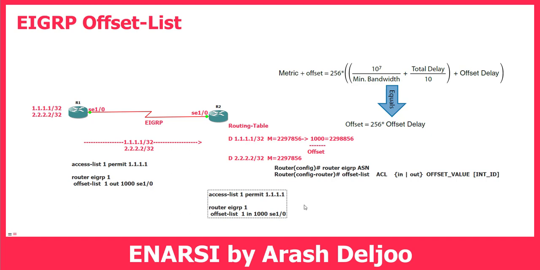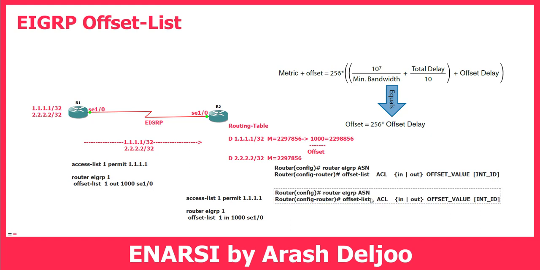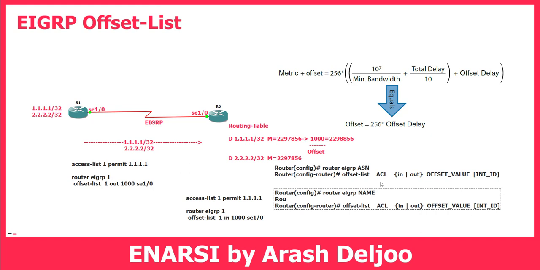Also, you can do exactly the same function in the named configuration of EIGRP. Let me show you here. In the named configuration, we use router EIGRP name, and then in router config, address-family IPv4 unicast autonomous-system.